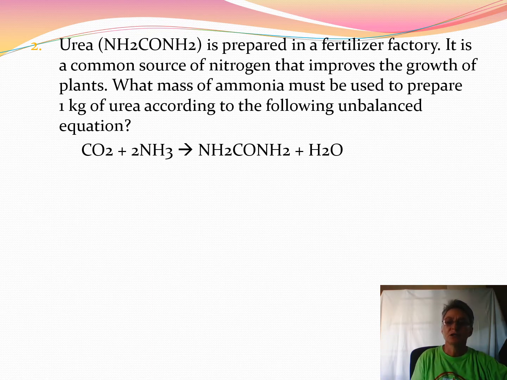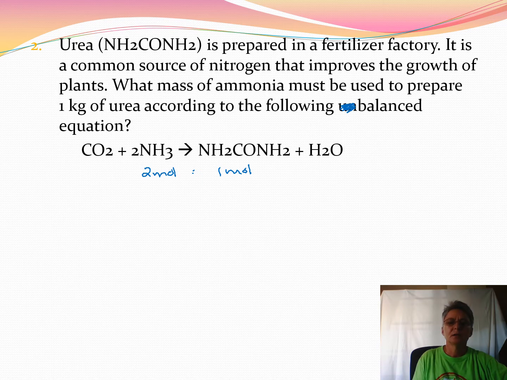I must have changed it because now it is a balanced equation. So 1 mole, what are we interested in? We are interested in the ammonia, so it's 2 moles ammonia gives us 1 mole of urea. And that's what I'm going to need to work with in this question.